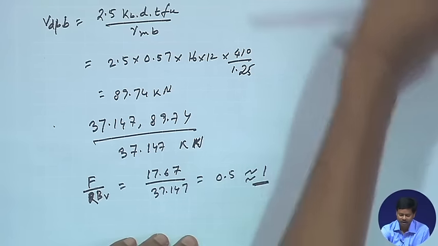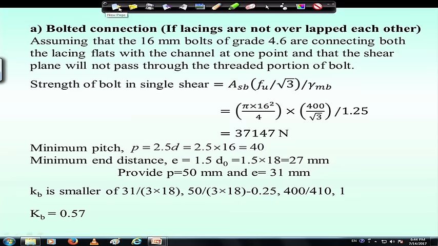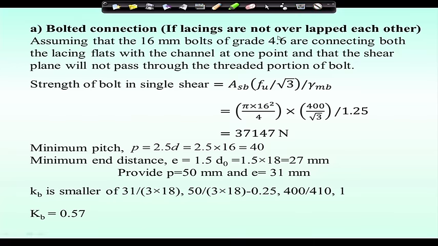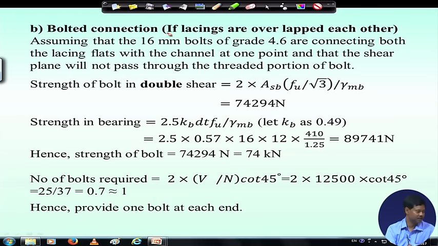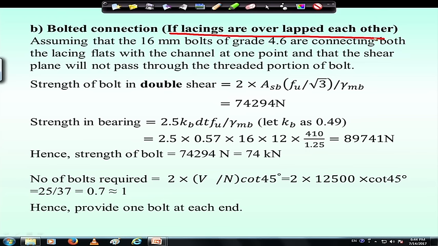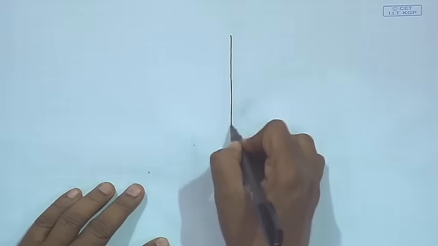So, this is one case, and another case will be if the lacings are overlapped on each other. In this case, if lacings are overlapped on each other, the connections will be like this.